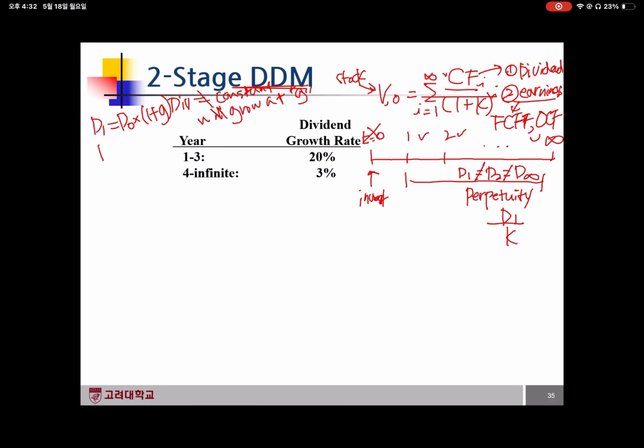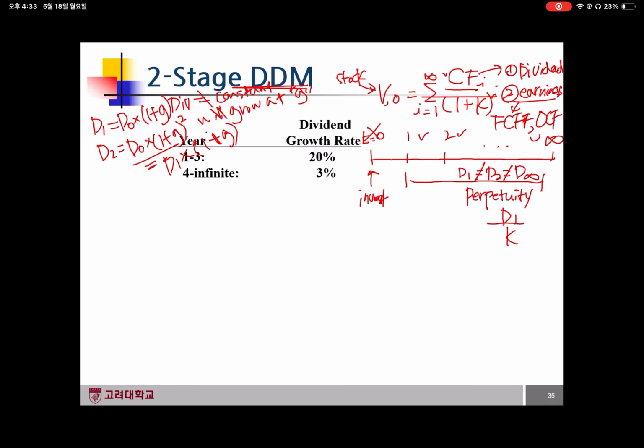And the dividend at time 2 is equal to the dividend at time 0 times 1 plus g to the power of 2, which is D1 times 1 plus g.